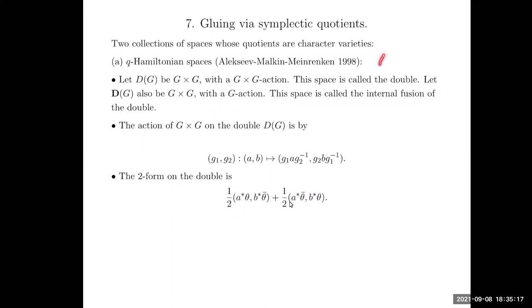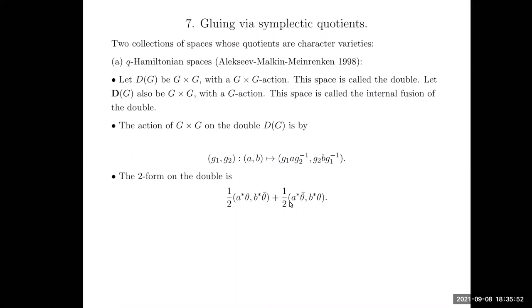So these spaces, for example, the double DG, the double just means G cross G. G is still a reductive group, and this has an action of G cross G. I'll also write boldface DG, the same space, but now it has an action of just G, not G cross G. This is referred to as the internal fusion of the double.